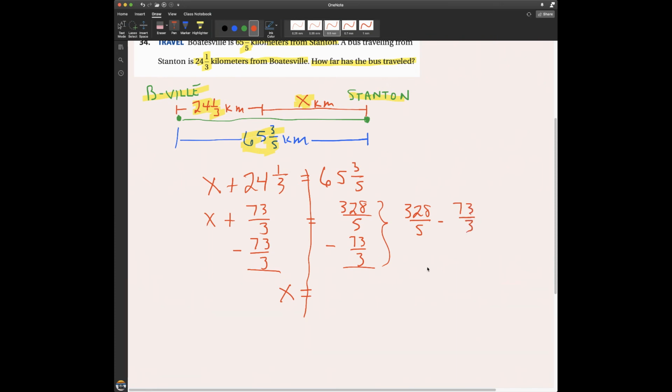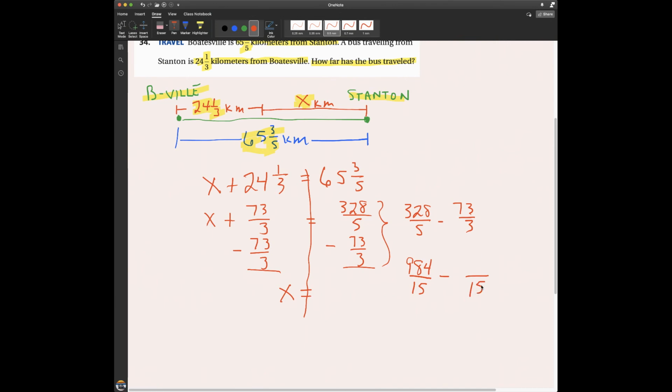I need a common denominator, which would be 15. So we will multiply 328 times 3, and we end up with 984. Minus, and then here, 73 over 3, we need to change that into a rational number that has a denominator of 15.